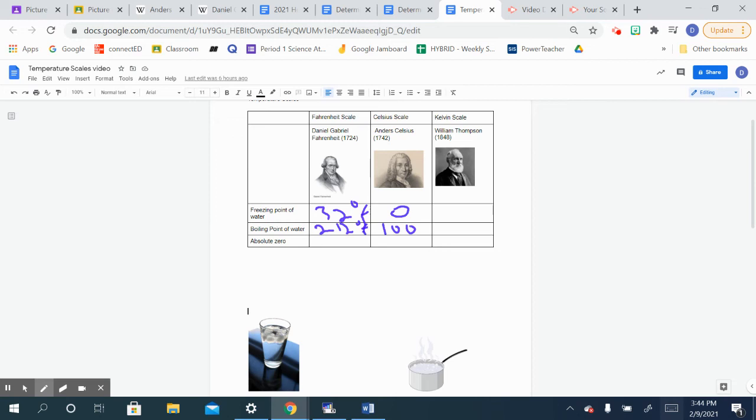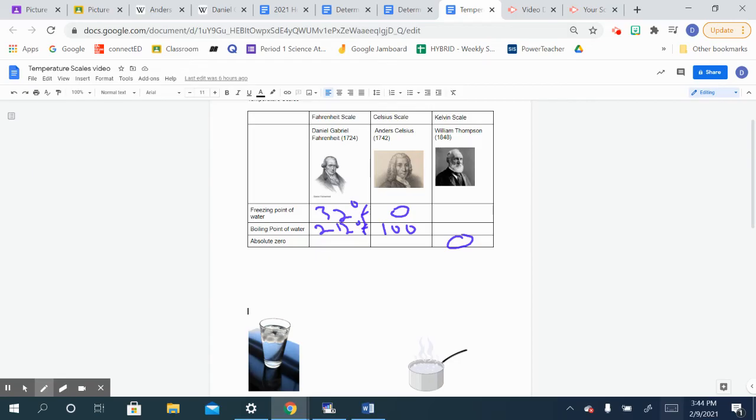And for Thomson, that didn't make any sense. He said 0 in a true temperature scale should represent no motion whatsoever. And so on his scale, he came up with this concept of absolute 0. That is, that you remove so much energy from any substance that the particles inside no longer move at all. And that we call absolute 0. And only on the Kelvin scale is that value 0.